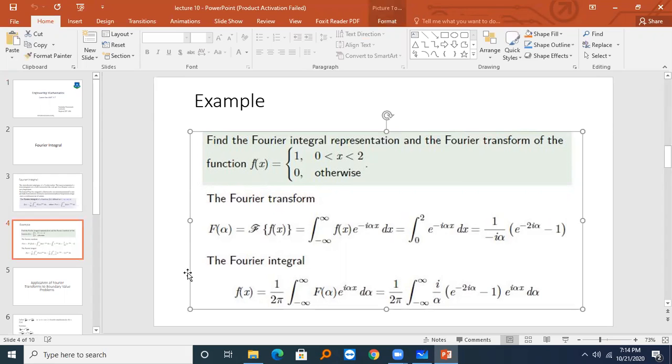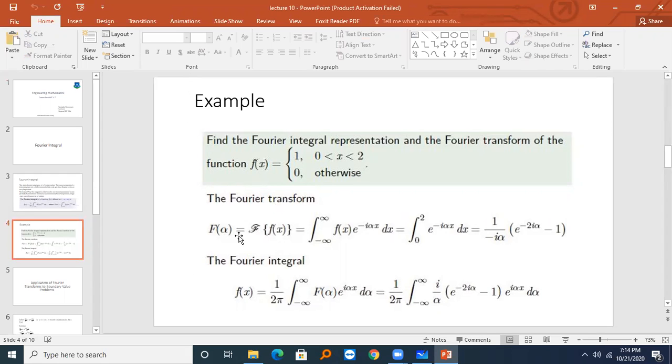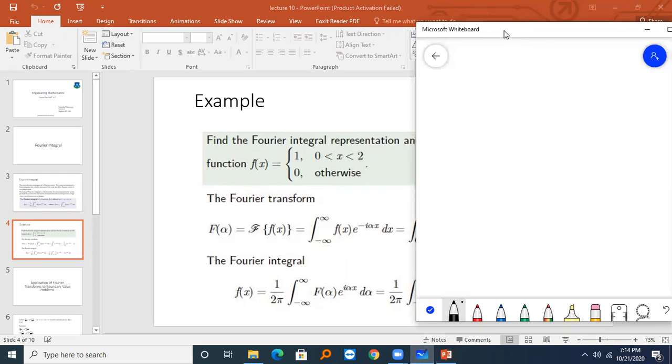So the Fourier transform is F of alpha equals Fourier transform of f of x equals integration of f of x into e to the power minus i alpha x dx, equals integration from 0 to 2 of e to the power minus i alpha x dx. We'll do the integration here.